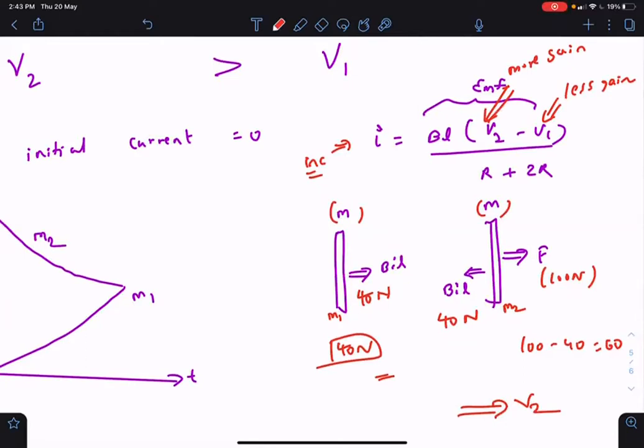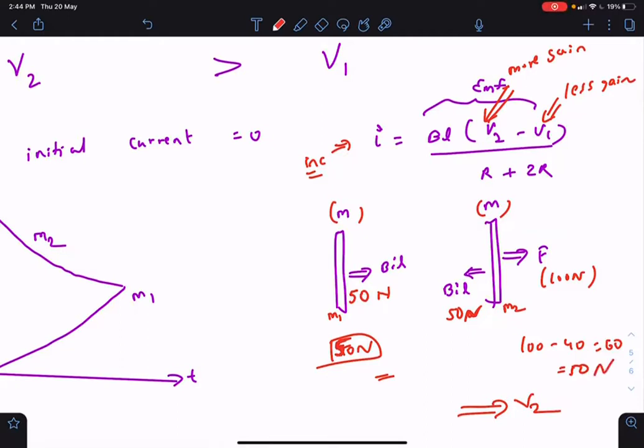Again, current increases means what will happen? BIL increases. Let's say this BIL has become like 50. Now what is there? The same force only, and I have taken the mass to be the same, and the force is also coming out to be the same.